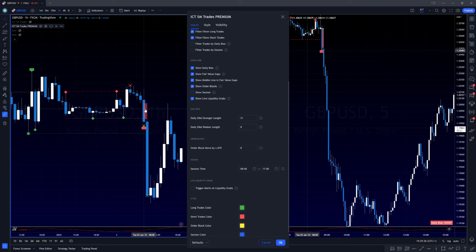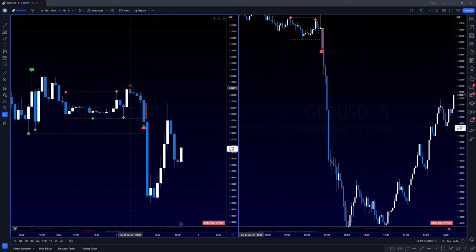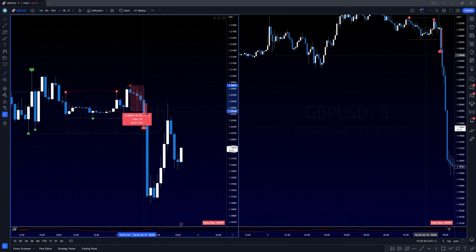It is something, yes, as you can see. So when I set this to 8 ATR, here you can see this is the ATR value, and when I multiply it by 8, the move should be greater than that value. So as you can see here, it is not enough.